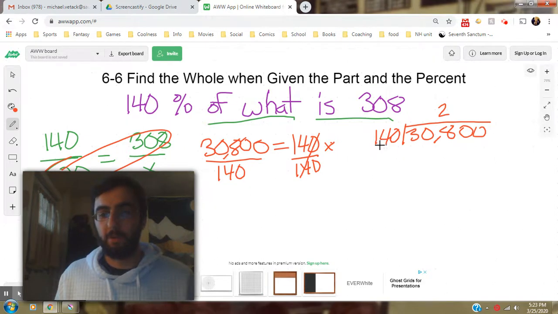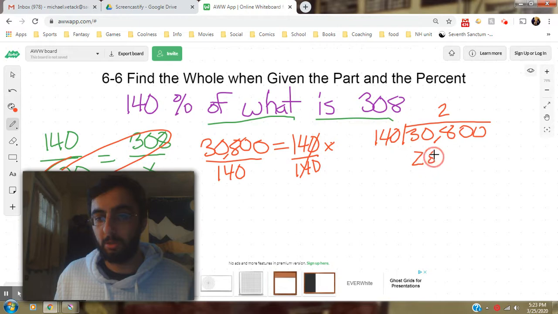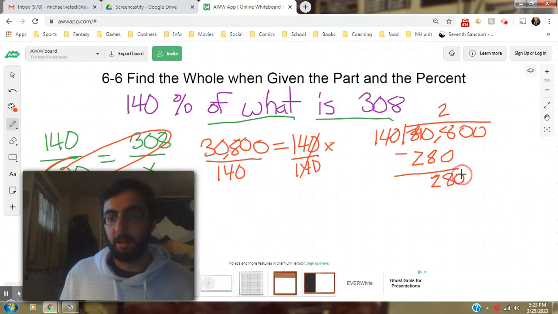So 140 is almost 150, and 150 times 2 would be 300. So that's going to be 280. And I do the subtraction here, and I'm going to get 28. Now bring down the 0, and now it's looking nice and neat. So 140 into 280 goes in 2 times. Thankfully, I won't have to go too crazy with this long division.